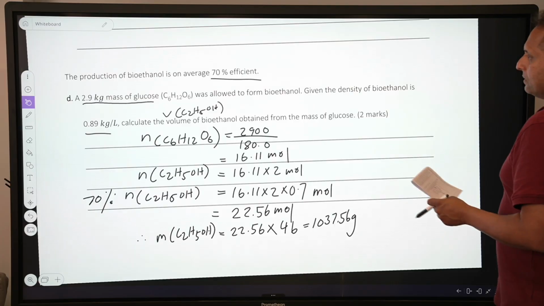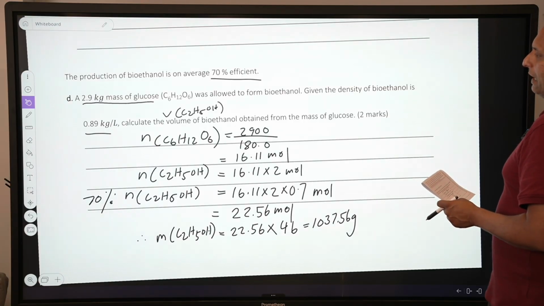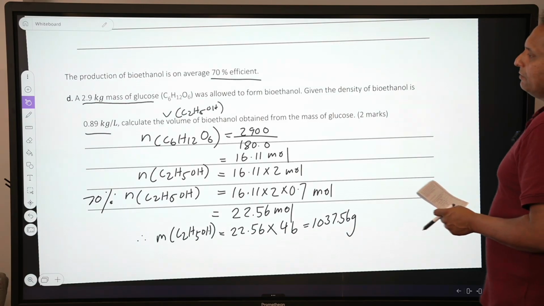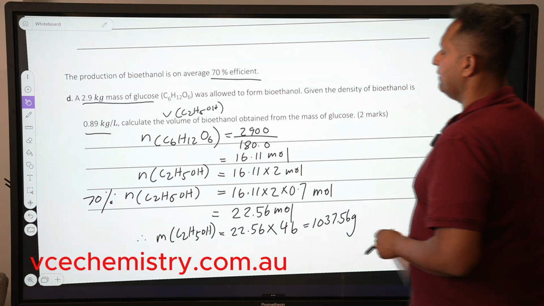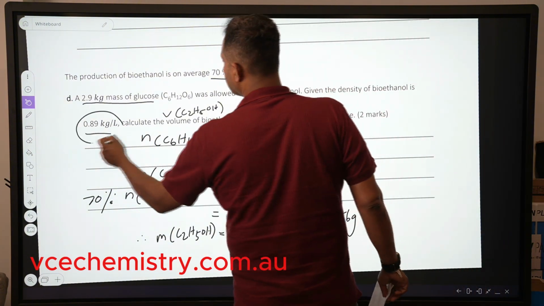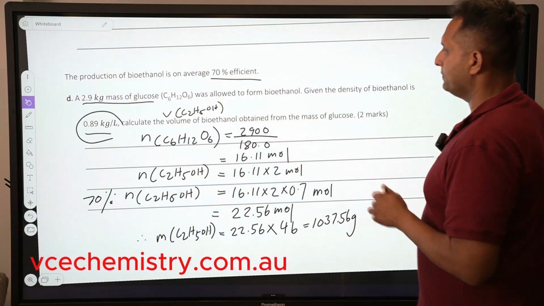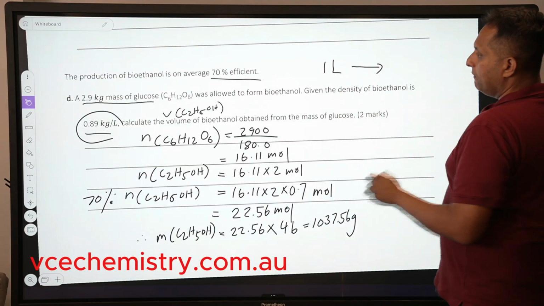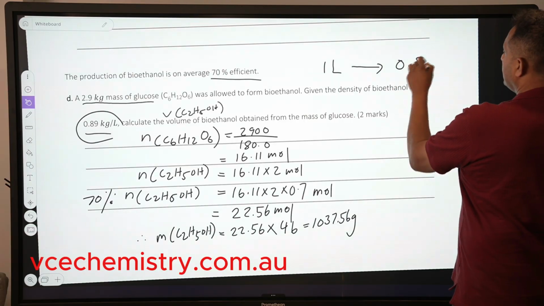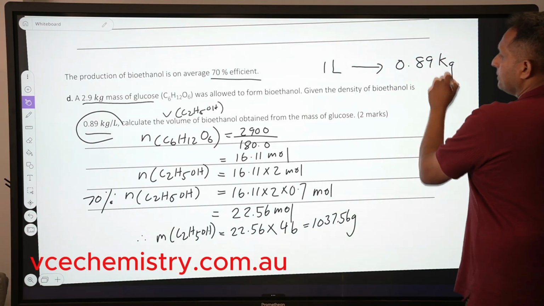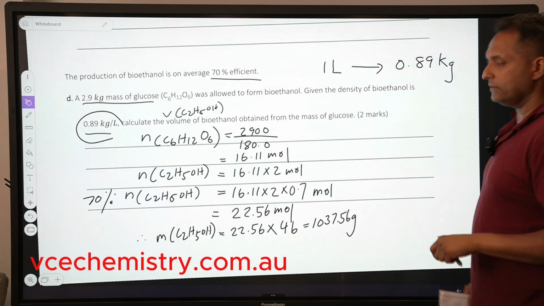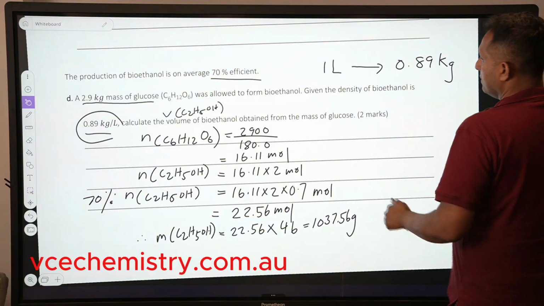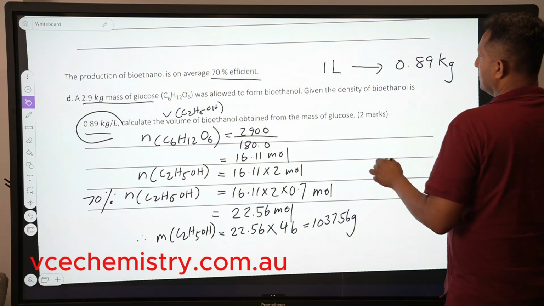Oh, that's the grams. So how can we use that gram value to get liters? It's important to know they have given you the density. What does that mean? 1 liter of bioethanol will have 0.89 kilograms. That's what it says there. You see that density? Now we have this many grams and we need to find the volume.